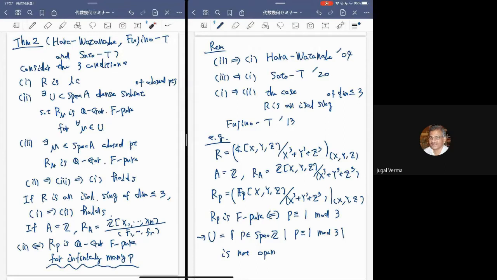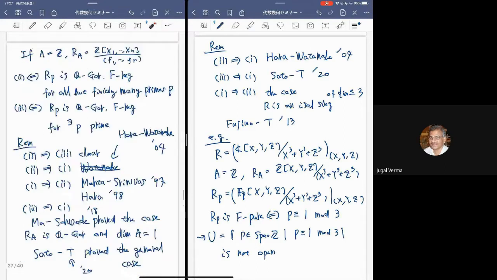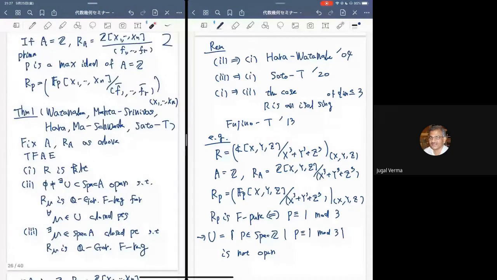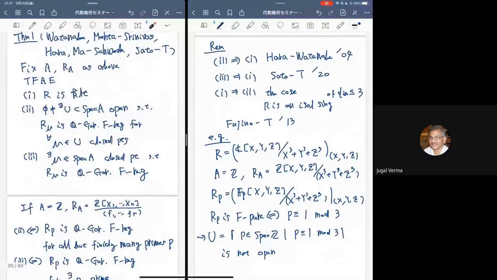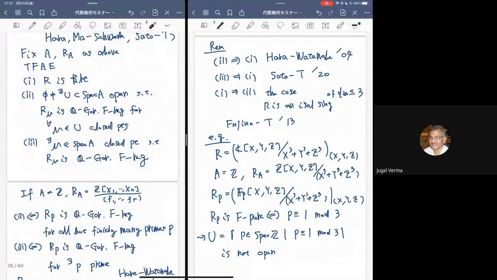Okay, let me go back to the KLT case, and especially let me look at the case A is equal to Z. In that case, if R is KLT, then R_P is Q-Gorenstein for almost all P. But in this theorem, we don't know how large P has to be.